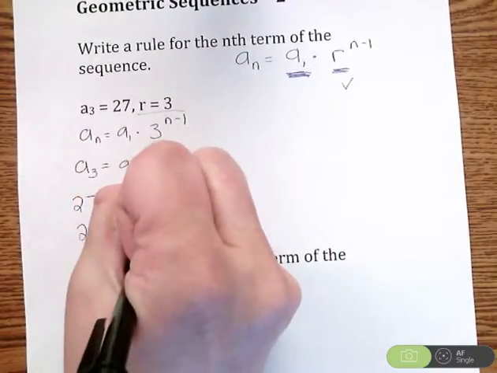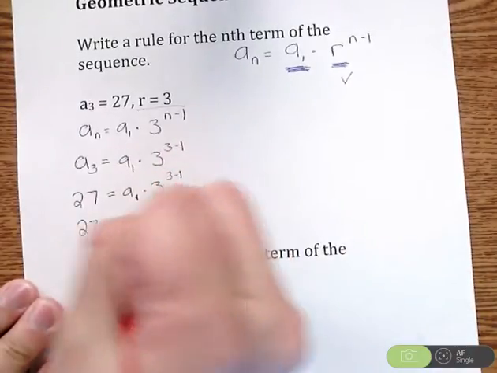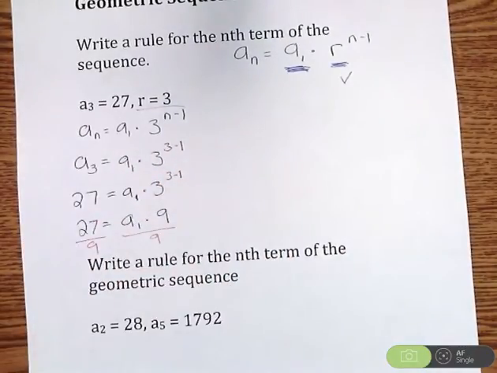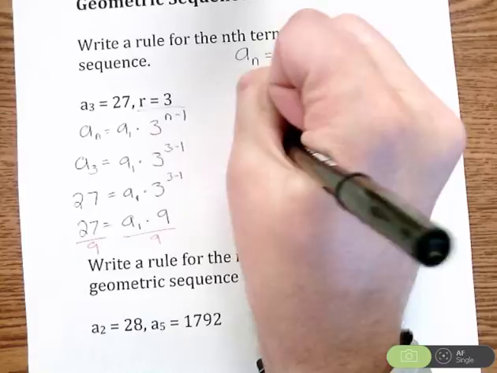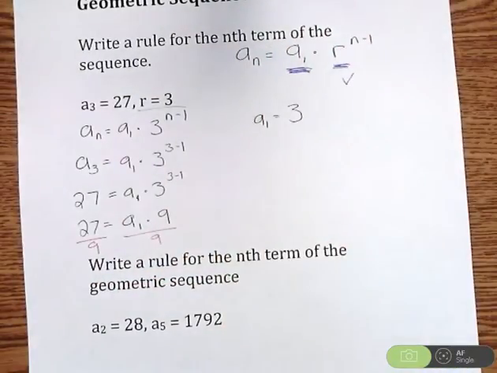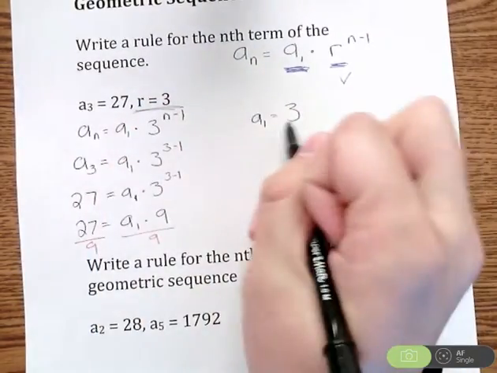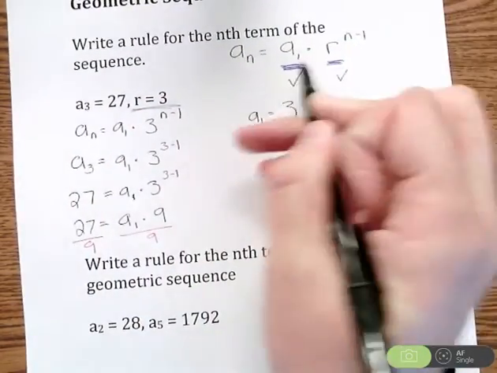So I have a_1 times 9. Again, I'm trying to solve for a_1, so I'm going to divide by 9, and now I know a_1 is 3.